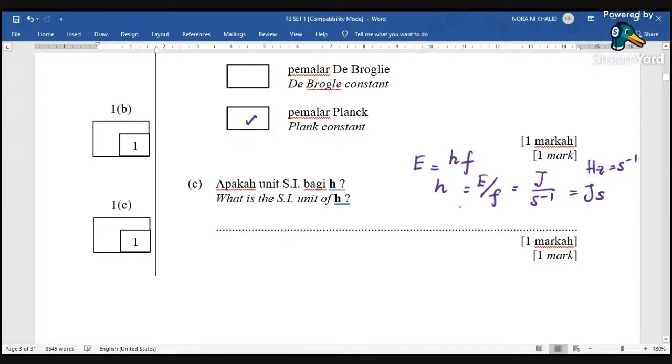Joule is equals to kg meter squared second negative 2 multiply second. So kg meter squared second to the power negative 1. Okay, or joule second.